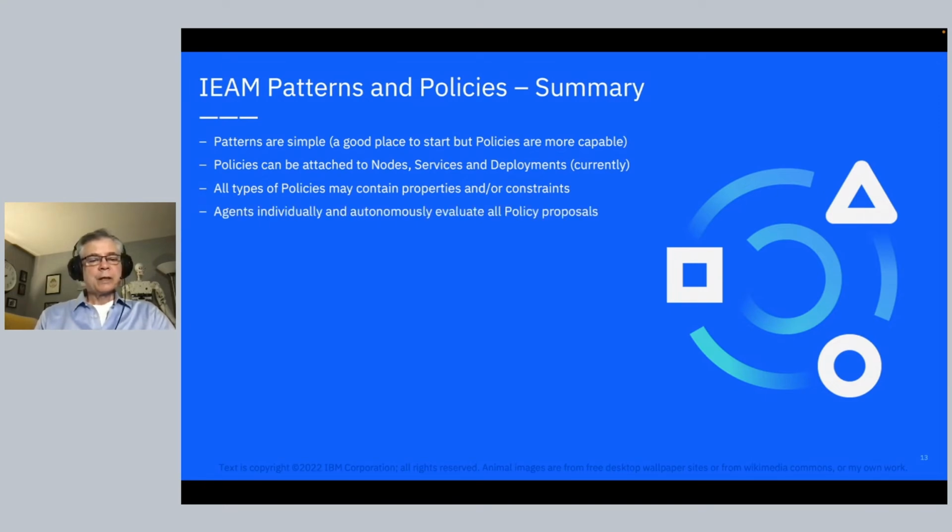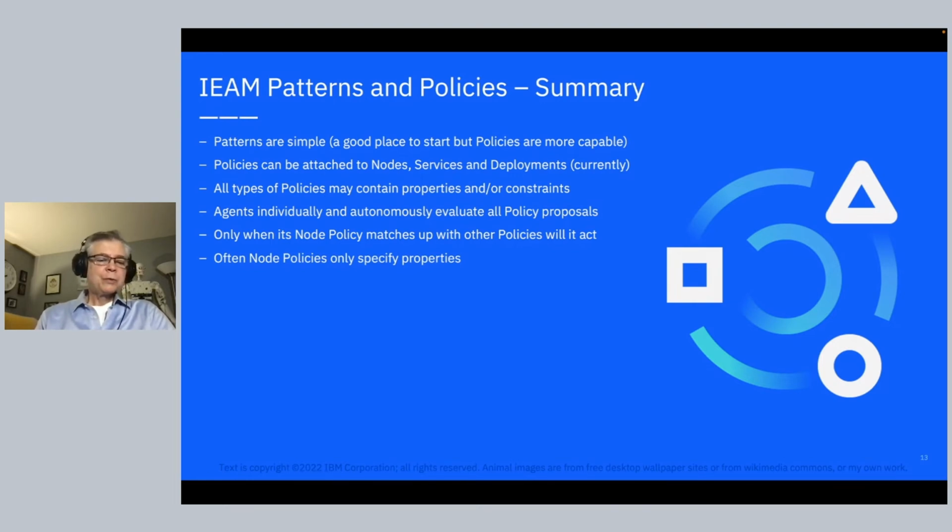Agents individually and autonomously evaluate all the policy proposals that are provided to them by the agbots, and only when the agent's node policy matches up with those other policies will it act. And often the node policies only specify properties. That's what I use. And often the deployment and service policies only specify constraints. That's what I use.